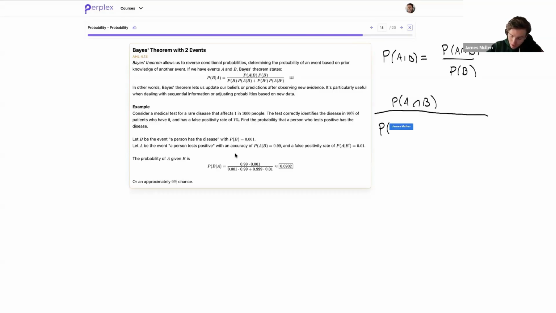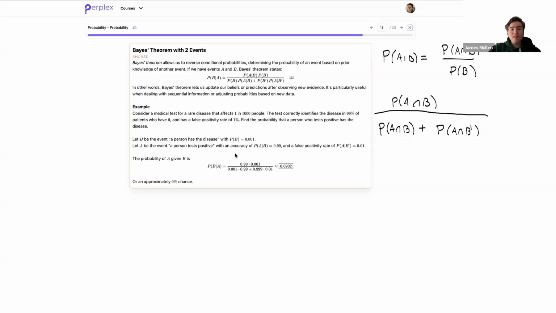That's the probability of both of those things plus the probability of not testing positive. So this is the probability of having the disease and testing positive, or testing positive and not having the disease. So that's what this formula actually says.